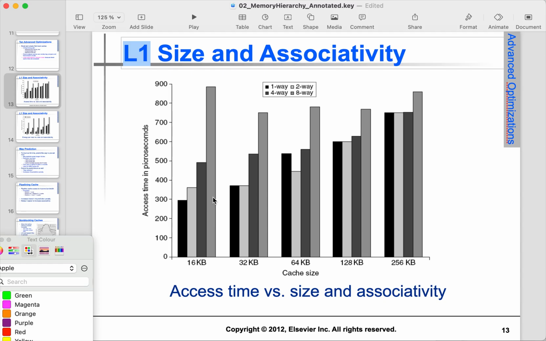We can see here the last one, the 8-way, is having the highest values in all categories: 16 kilobyte, 32 kilobyte, 64, 128, or 256 cache size.